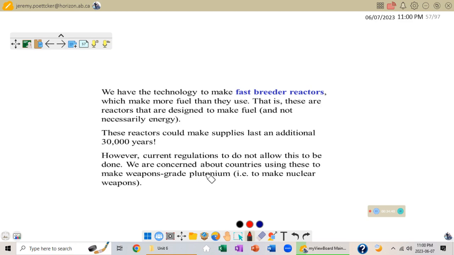We are concerned about countries using these to make weapons-grade plutonium, as in, let's make a nuclear weapon or stuff to make a nuclear weapon. So anytime you see somebody talking about fast breeder reactors, they're making fuel, they're making radioactive stuff that we could use to power other reactors. The problem is, what are you going to use that fuel for?